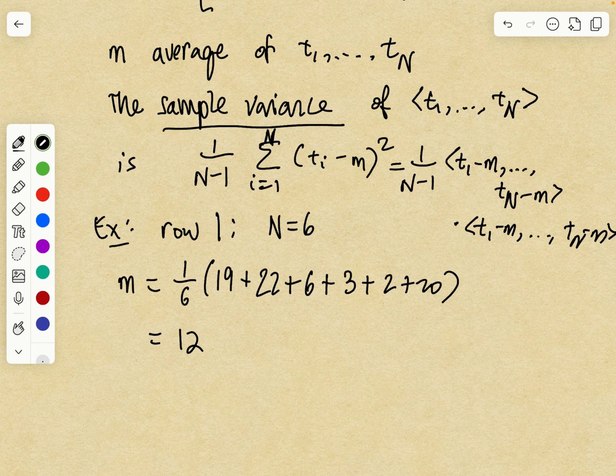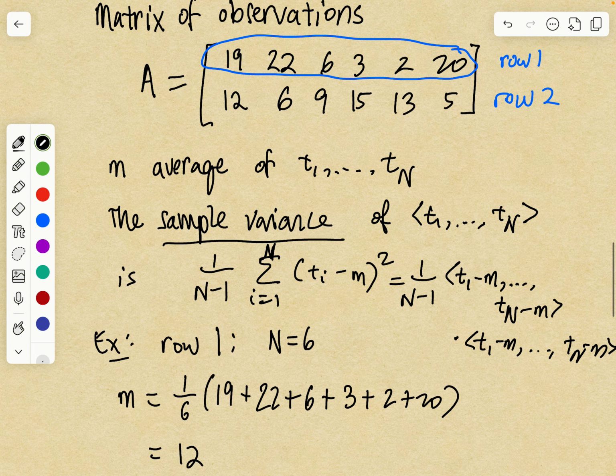So what I should do is subtract the mean from each row. I'm going to find the sample variance of each of these two rows.